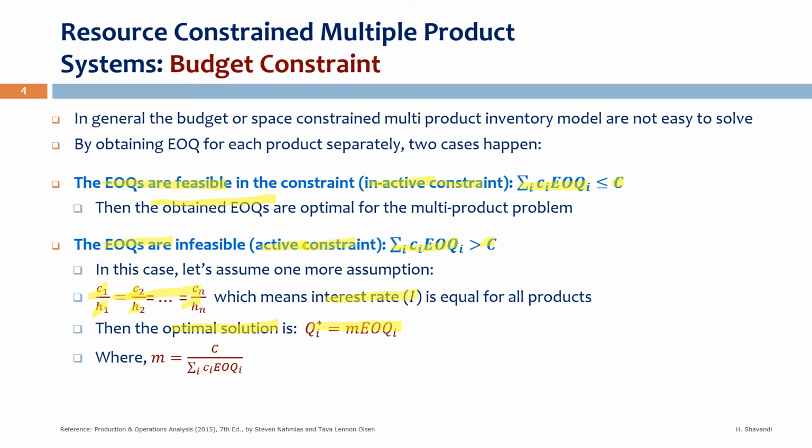We obtain a multiplier M and multiply it by the individually obtained EOQs, and then we get Q star as the optimal solution for the multiple product case. M comes from this equation: C here is our budget divided by the total purchase cost, and M is a number less than 1. So we modify the EOQs by this multiplier, and that will be the optimal solution for the multiple product case.